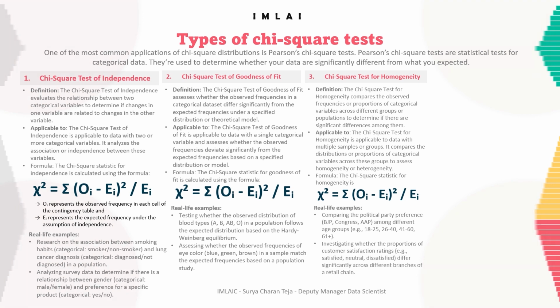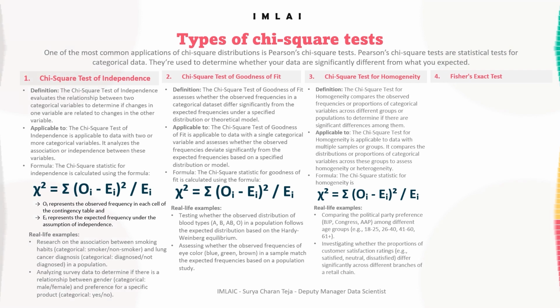The next type of test that we have here is Fisher's exact test. Fisher's exact test is a statistical test used to determine the association or independence between two categorical variables in a contingency table. It's particularly useful when dealing with small sample sizes or when the assumptions of other tests such as the chi-square test are violated.